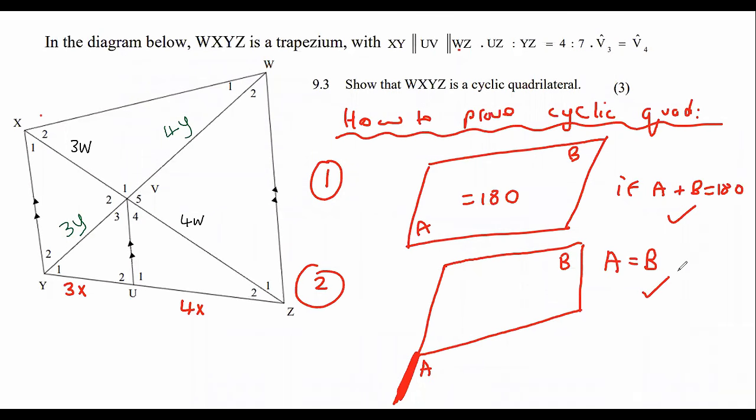Number 3, probably the most popular one that they ask in exams. Out of every 10 cyclic quad questions, this one will be asked 9 times. So that's the one that looks like this.